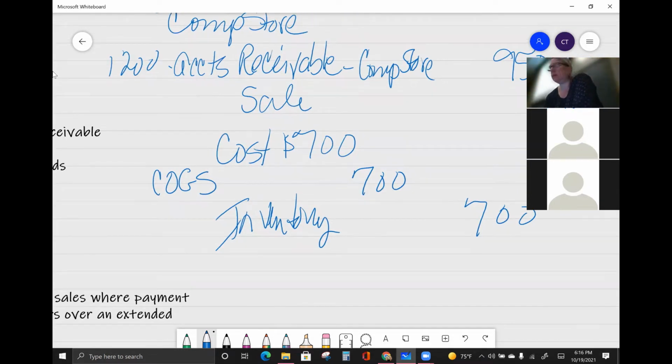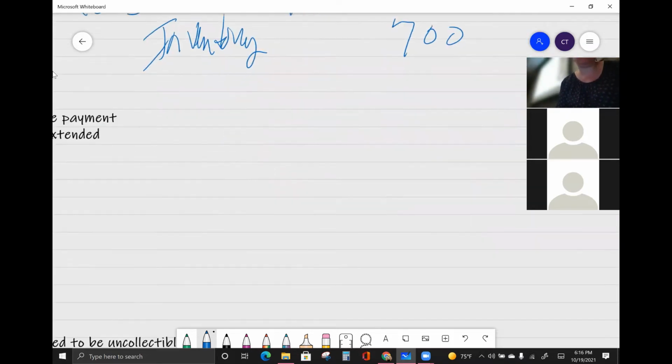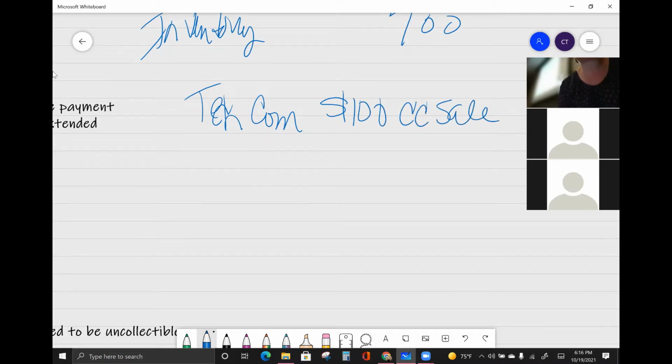All right, let me get an example, I want to do one with a bank card to show you the fees. Okay, so now we have TechCom. It's a $100 credit card sale. It's got a 4% fee.